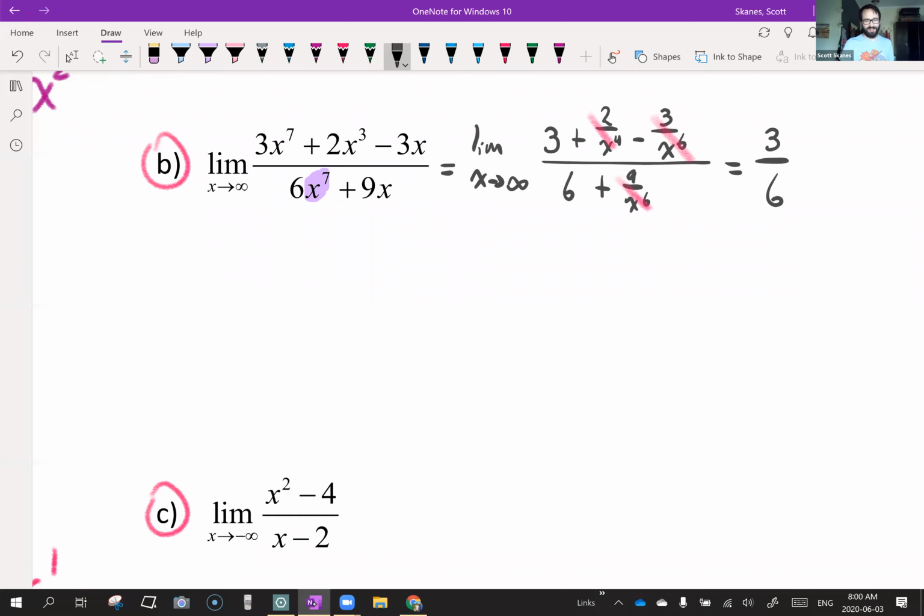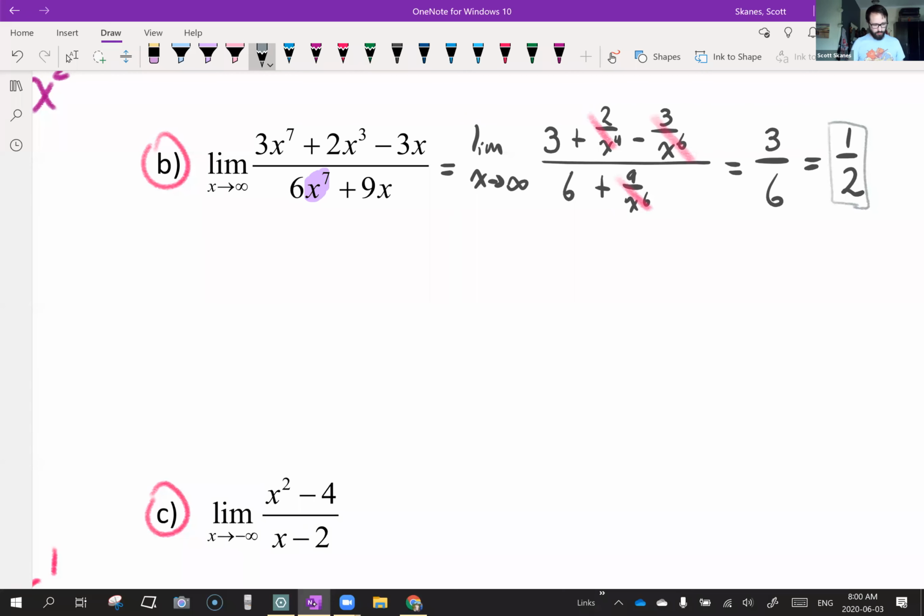Oh, you lost it right at the end, yeah? 1 over 2. Okay, I skipped a step there because normally I like to evaluate limits in a separate step, but this is the idea, okay? So let's just be confident that if we're going to infinity, those are usually the easier questions because there's not a whole lot of algebra you do. You just divide by the biggest power on the bottom and you're good, okay?